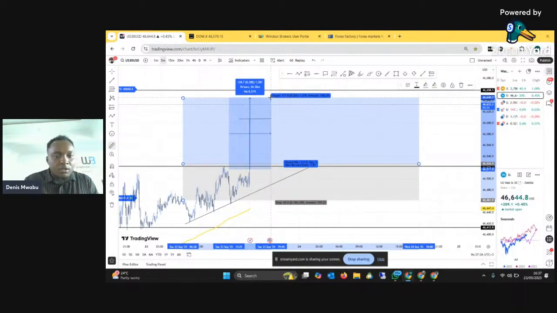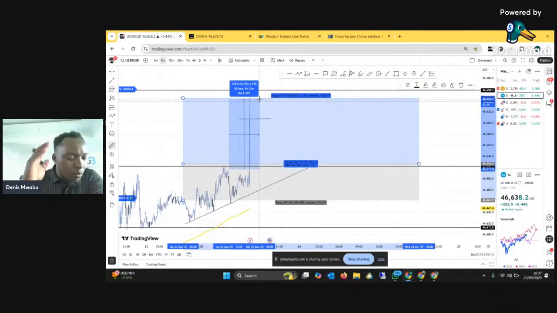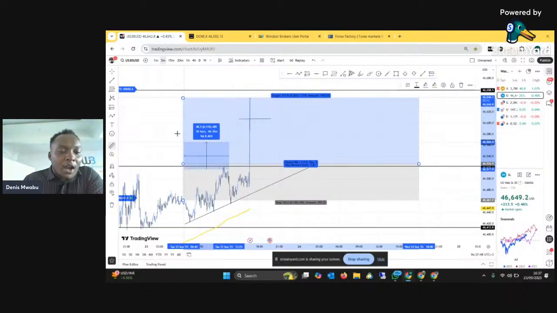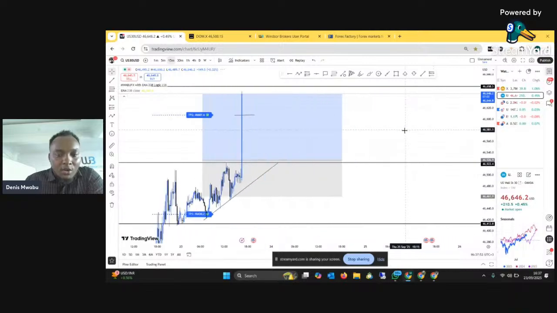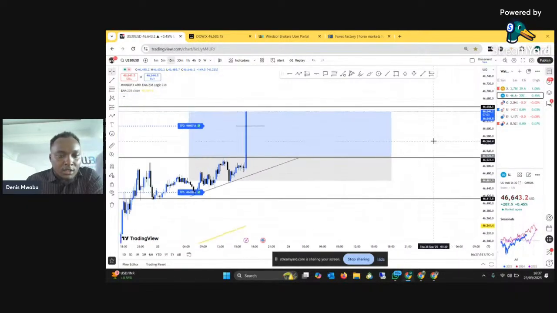When you hear me saying 1,000 pips on US 30, I usually mean 1,000 points. I usually say one move will give you all these points. If you compare this to other pairs, even gold, this is like 100 pips. It has given you 100 pips with only one candle. It's like you're trading news every single day.